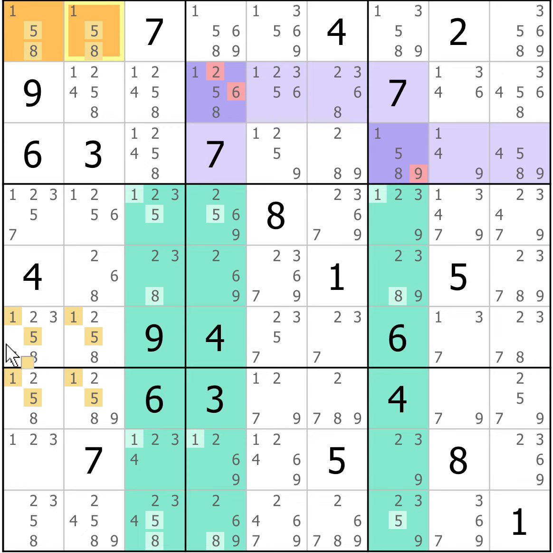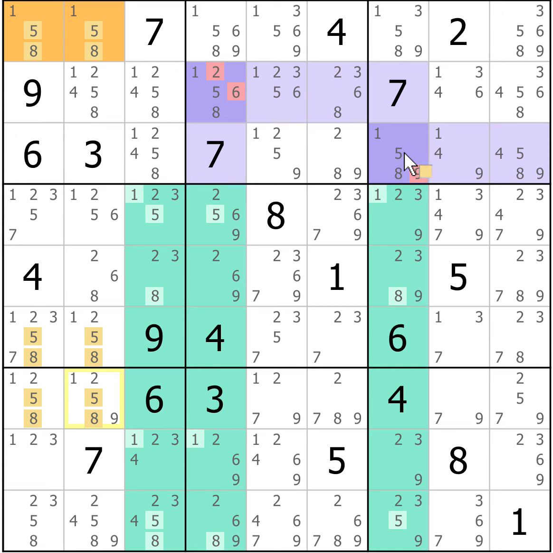Now let's try 5 and 8. Okay. Let me see. Now I have labeled 5 and 8. That means if 5 and 8 are the true base cell digits, then either 5 is here and 8 is here, or 8 is here and 5 is here.